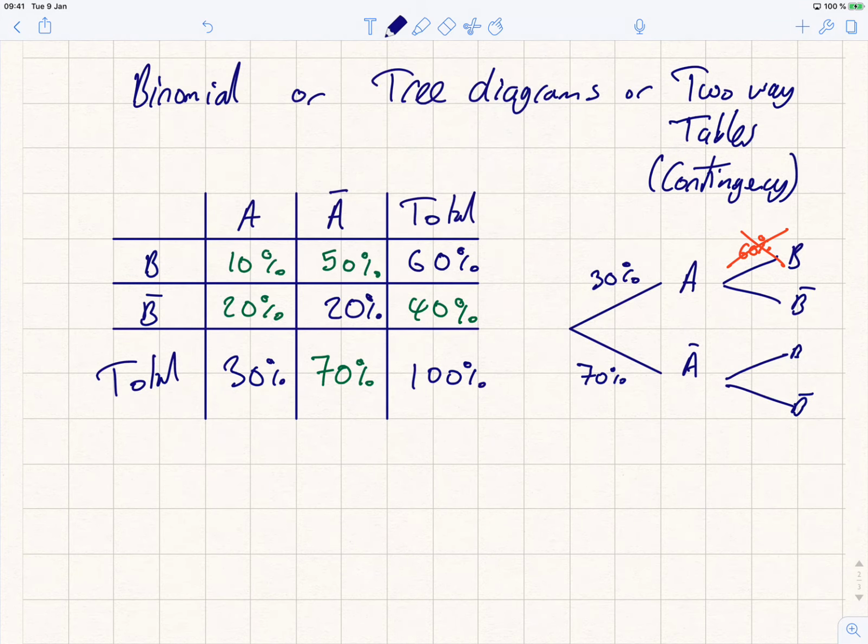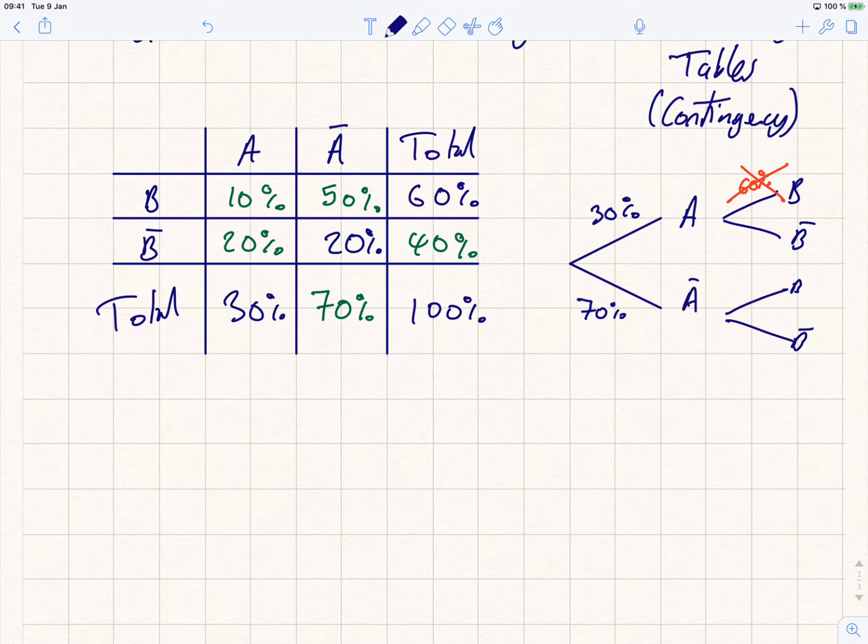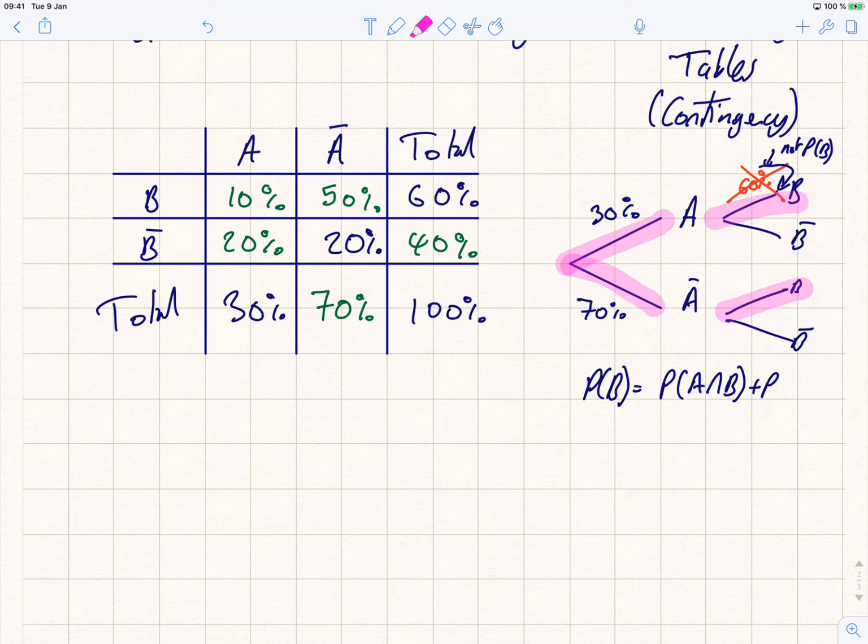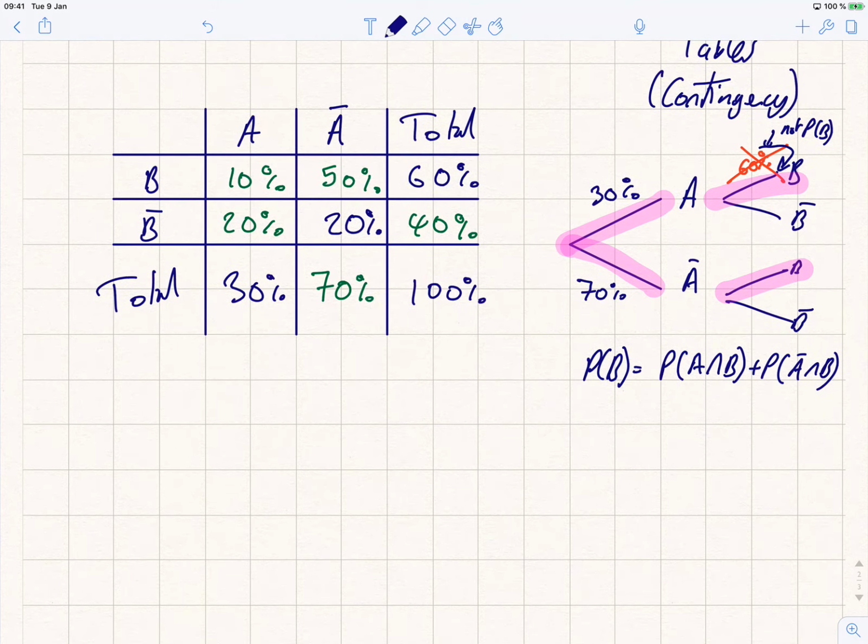If we choose A, the probability that B occurs is conditional. So this is not the probability of B. The probability of B is equal to P(A and B) plus P(not A and B), so that's this branch and this branch, and that would equal, in my case, 60%.